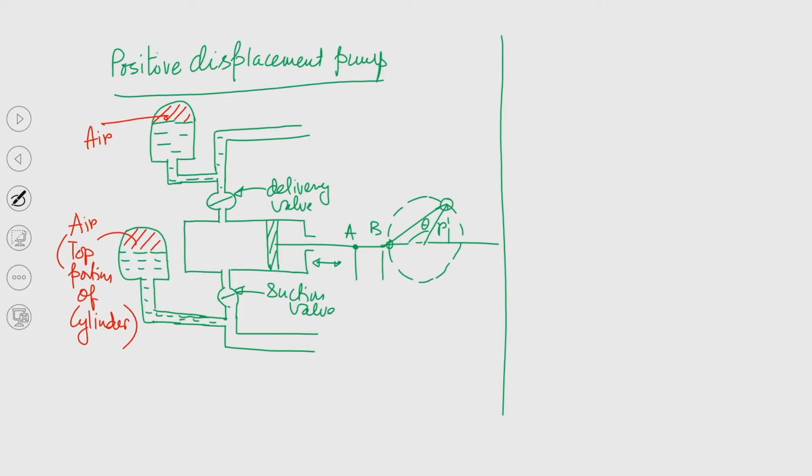If x is the total distance, this is basically the piston displacement. We can write x equal to r plus r cos(180 minus theta), so x equals r minus r cos theta, where small r is the crank radius.